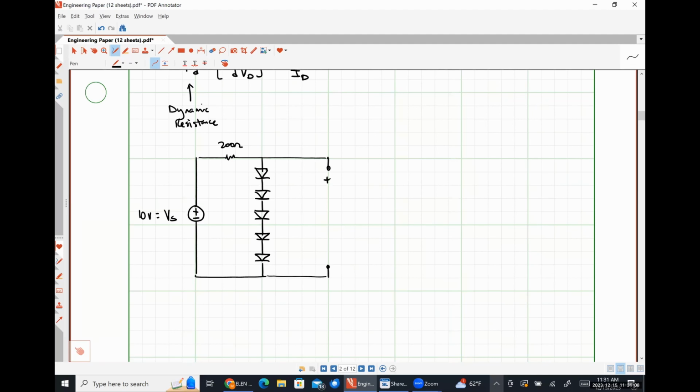Here was our output voltage. The voltage drop across one diode was VD. The current flowing through all of the diodes connected in series was ID.